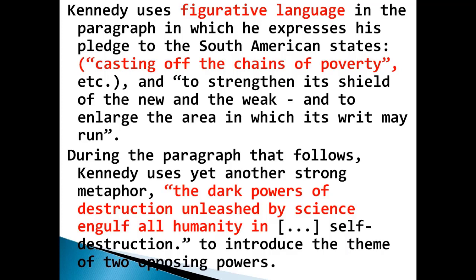It means that science brought power and might and freedom, but it also brought destruction in the form of mass weapons of destruction, like the atomic bomb. So he was referring to that aspect of science and technology.